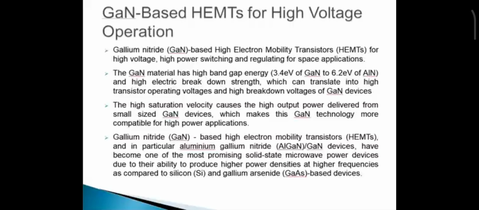Gallium nitride has high bandgap energy, 3.4 electron volt for gallium nitride and 6.2 electron volt for aluminum nitride, and it has high electrical breakdown strength, which can translate into high transistor operating voltage and high breakdown voltages of gallium nitride devices. The high saturation velocity causes high output power delivered from small size gallium nitride devices, which makes the gallium nitride technology more compatible with high power applications.